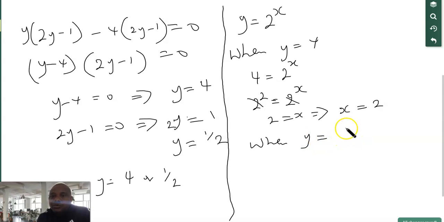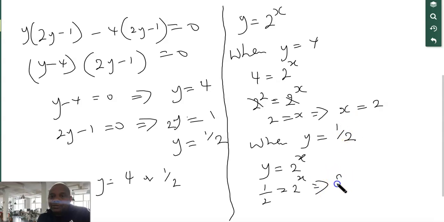When y is equal to 1 over 2, it means that y is equal to 2 raised to x, so 1 over 2 is equal to 2 raised to x. And we know that 1 over 2 is the same as 2 raised to minus 1, a negative index, which equals 2 raised to x.